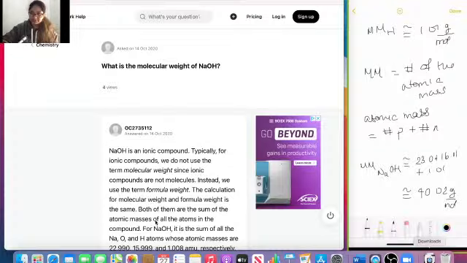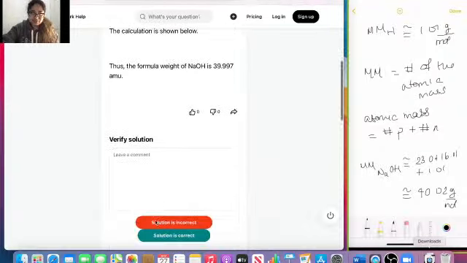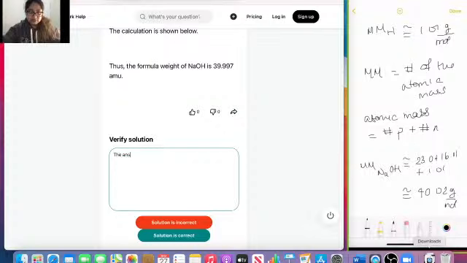Okay. I just rounded my number, and you should use the numbers given in the periodic table. So the answer is correct.